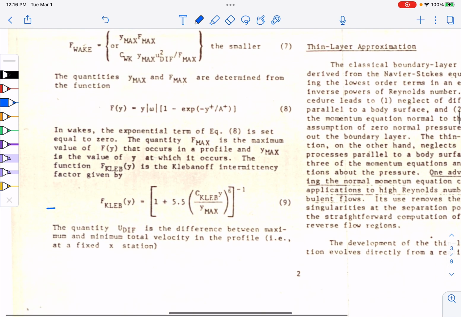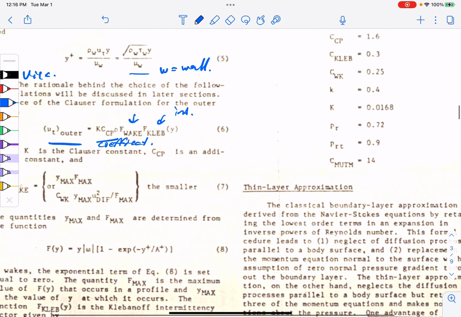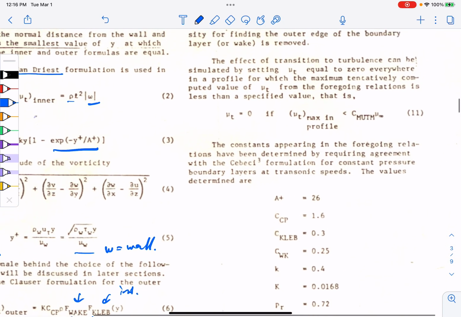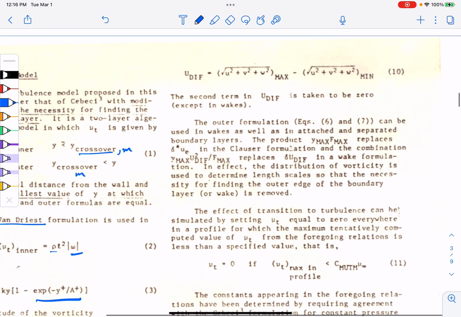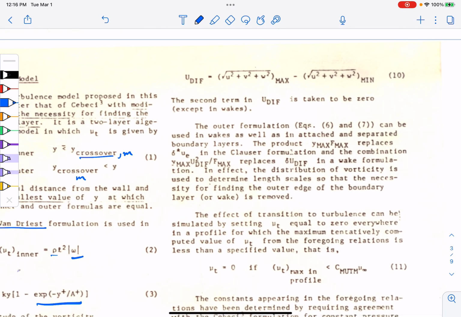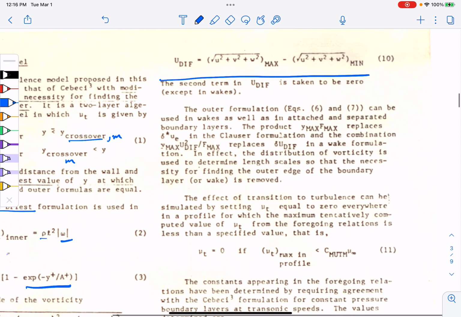He goes on and defines the intermittency function, which is fine, and that definitely should always be used for any type of turbulent flow. Up here is really the end of the model, just like I summarized in my summary sheets. This paragraph here is all about wakes, so I just disregard it because we're interested in boundary layers right now.